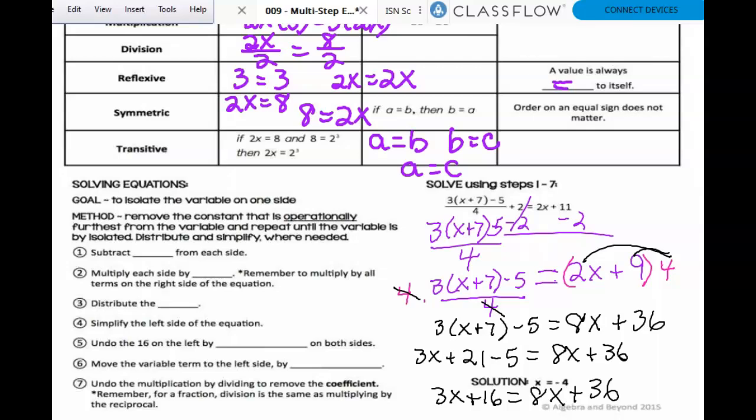What do I do next? Subtract the 3x because that's going to make my x's stay positive. So I'm going to subtract the 3x. And I'm going to just finish over here. So I'm going to get 16.